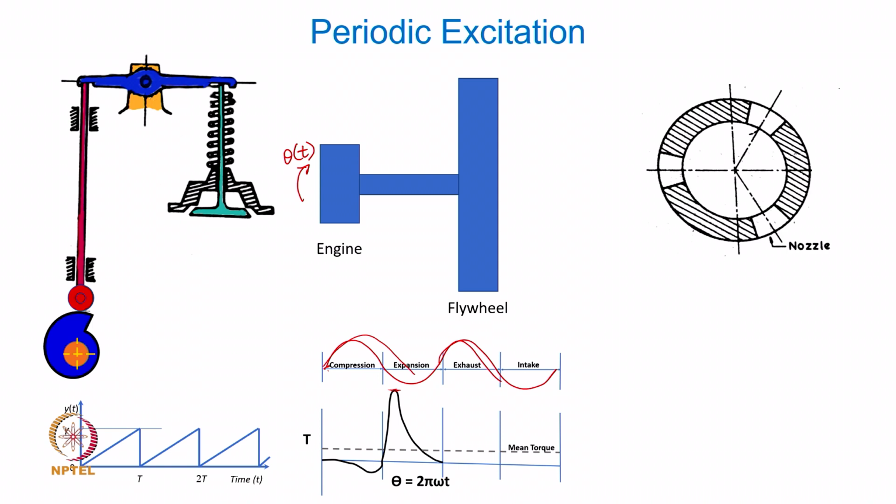The other example that I might like to give you here is steam turbines. You know that there are blades on the periphery of the shaft, isn't it? Steam turbine or even hydraulic turbines, and then the fluid is flowing in through the nozzle, or it could be flowing through the guide vanes.